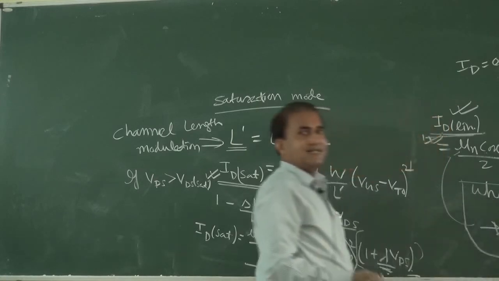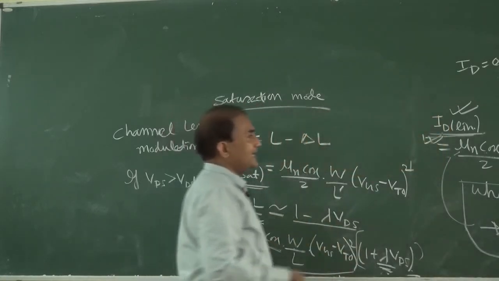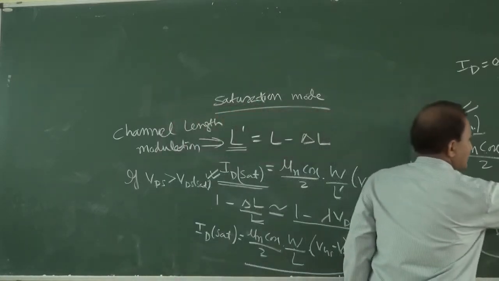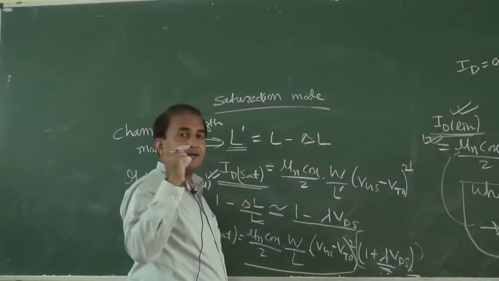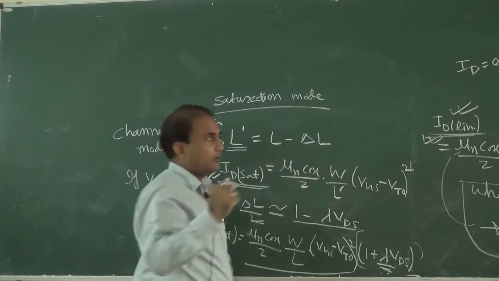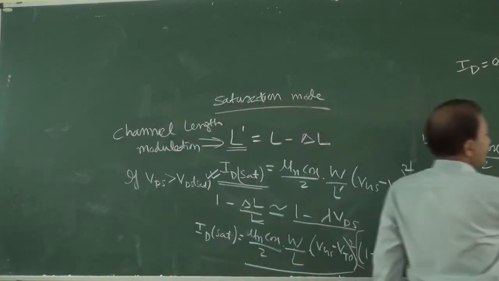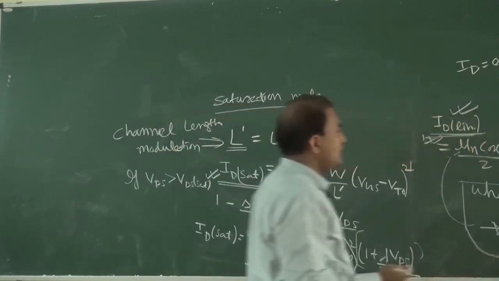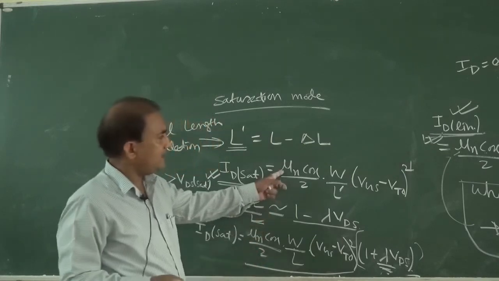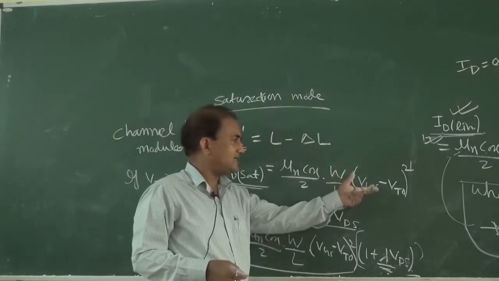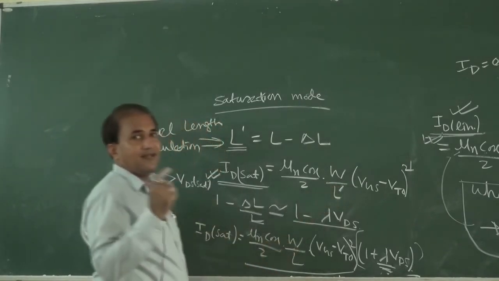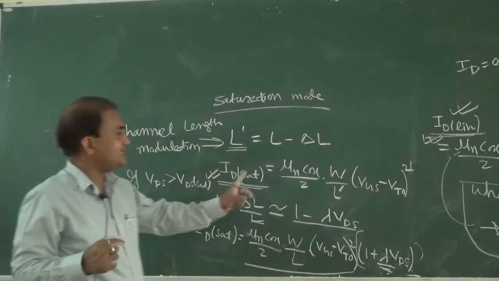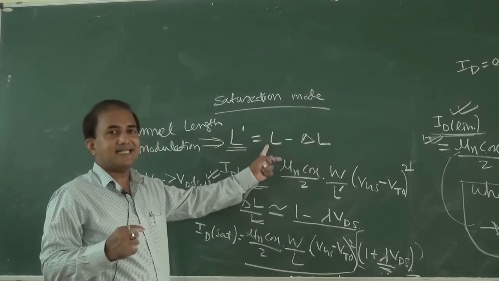VT naught is the threshold voltage when the body is connected to ground. Similarly, VDS is drain to source voltage. Here all the terminals are the same, and here what is L dash? L dash is the effective channel length, and L dash is always less than the physical channel length.